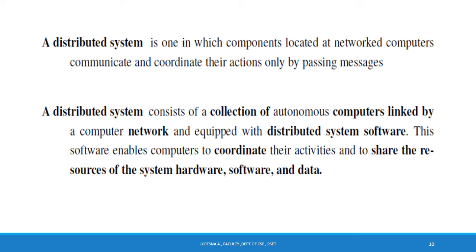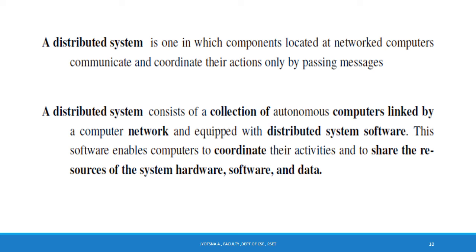The size of the distributed system may vary from a handful of devices to millions of computers. Then going to the second definition, I think this second definition has a significant feature of distributed system that you should note. A distributed system consists of a collection of autonomous computers linked by a computer network and equipped with distributed system software.